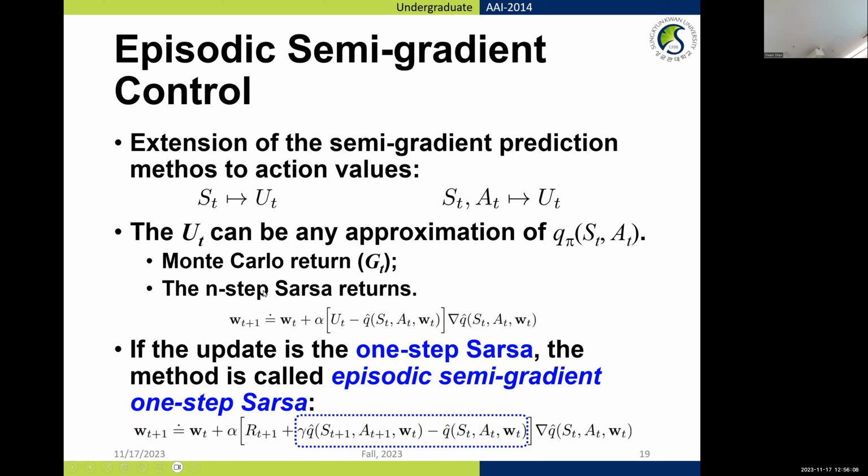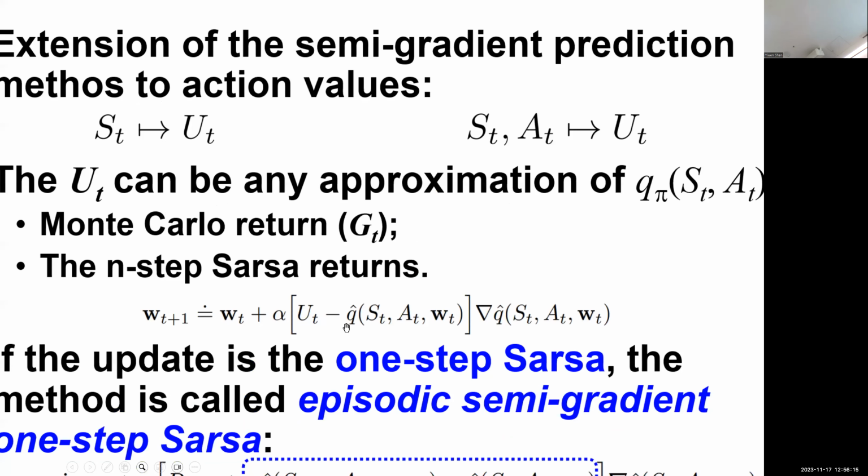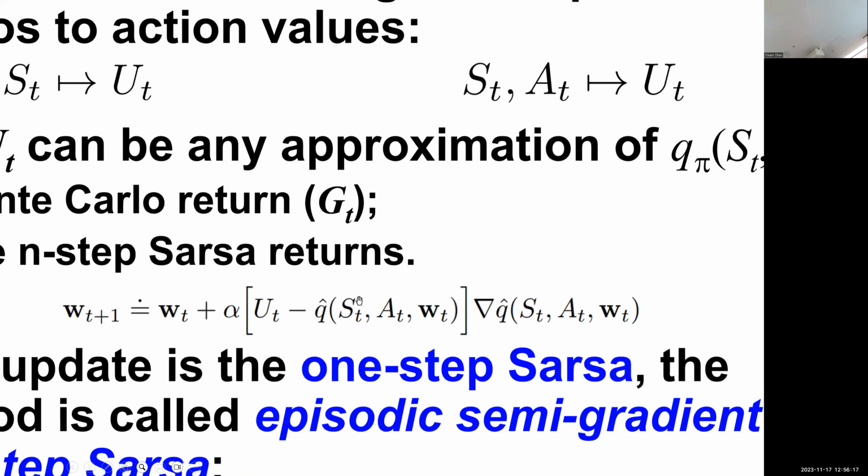Now if we use n-step Sarsa, we can design the update equation in this way. What we do is that U_t is the n-step Sarsa return instead of the MC return.